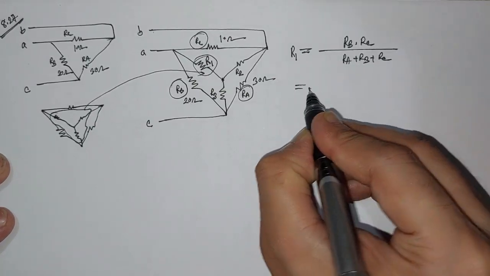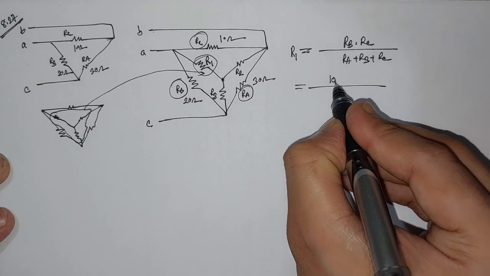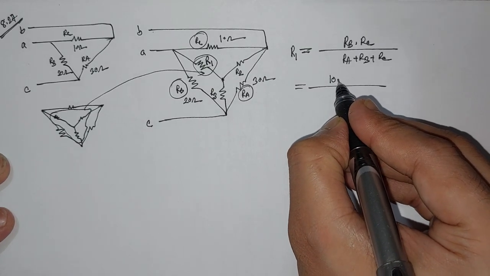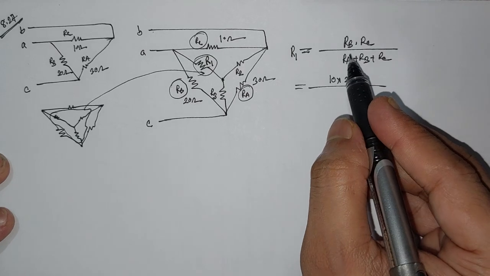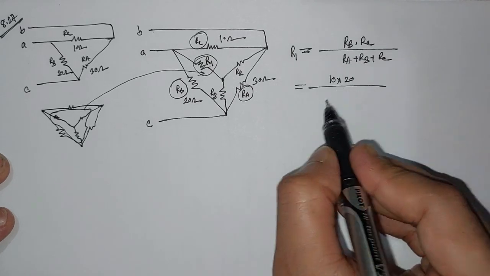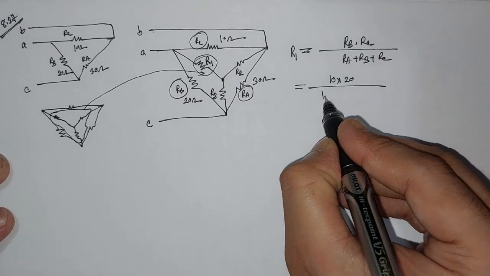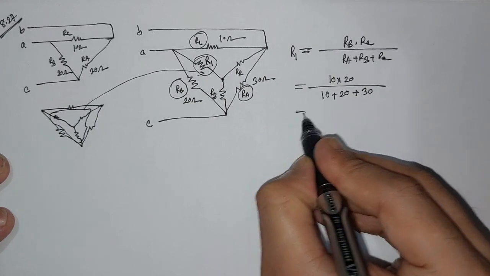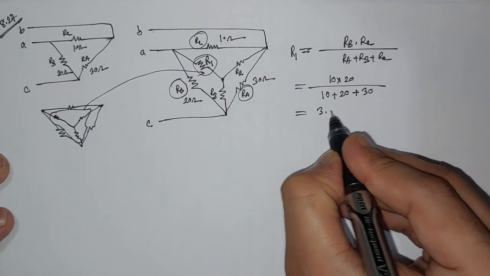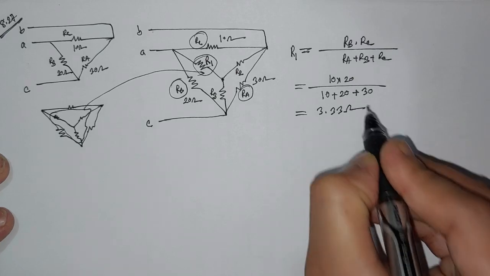Now if we put the values, RB is 20 ohm and RC is 10 ohm, so 10 multiplied by 20 divided by 10 plus 20 plus 30. So this is equal to 3.33 ohm.